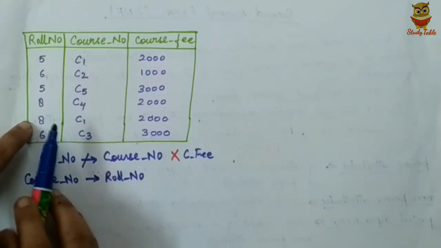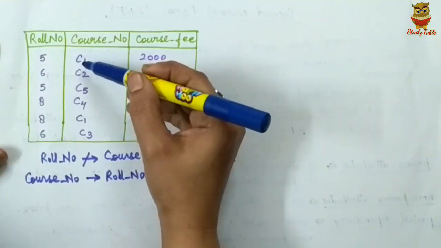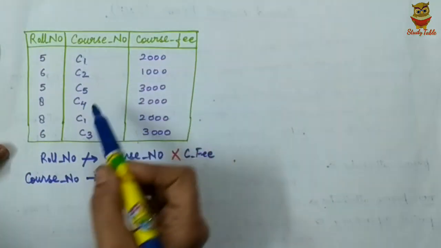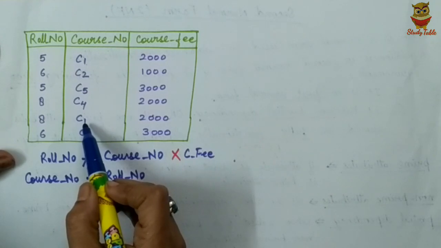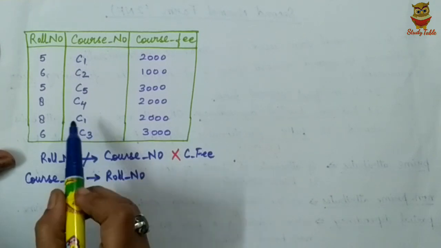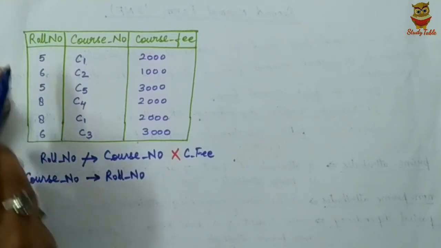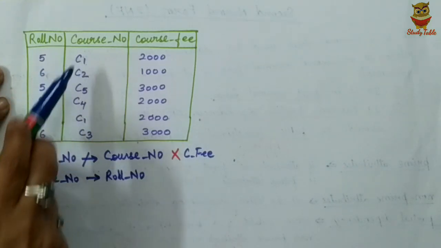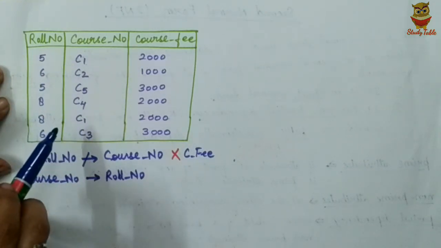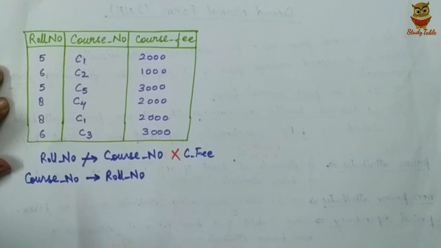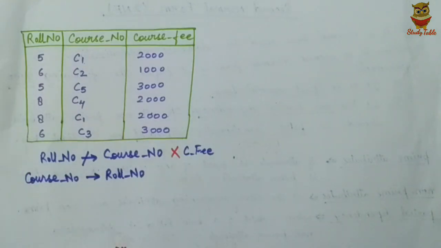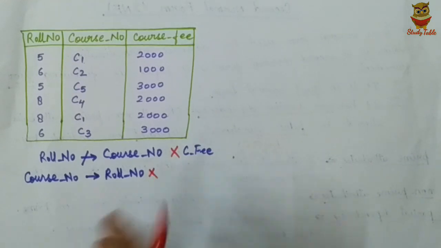Now we have two values for C1. If I ask which student is doing course number C1, I am getting two different values, 5 and 8, for the same course. So it is not uniquely identifying a tuple. So this FD will not work.